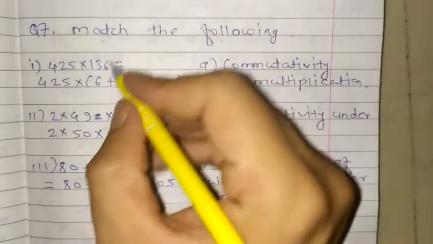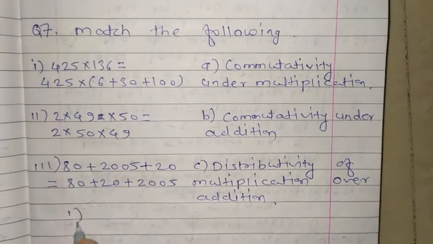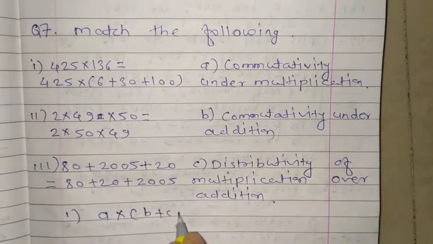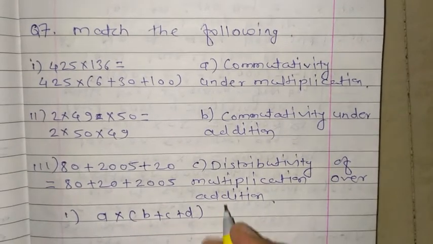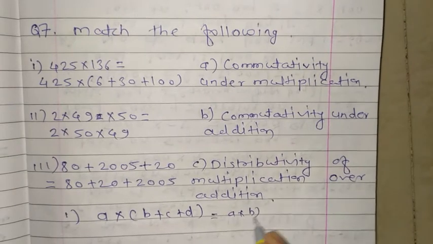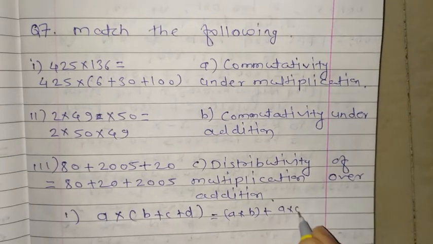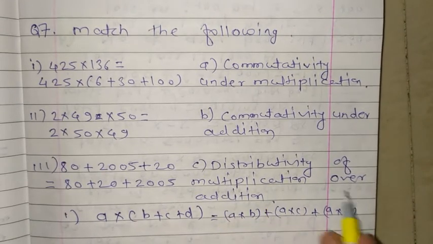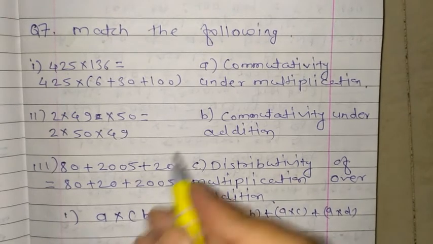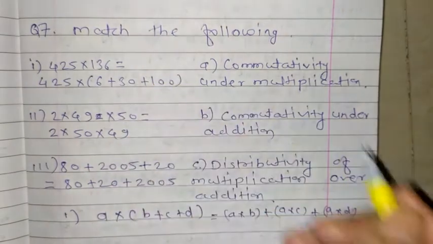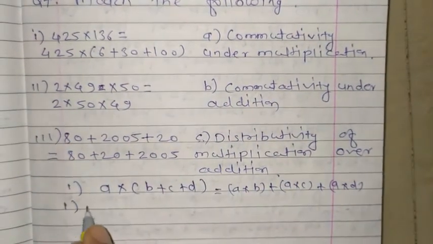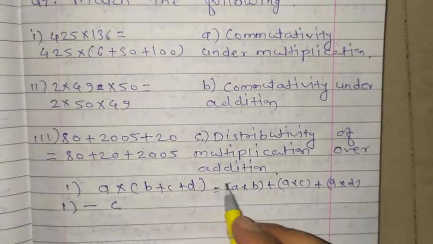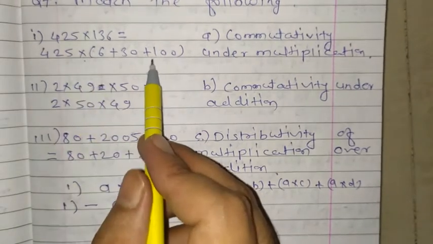So you see this one, it is matching with A into B plus C plus D. Then it can be written like A into B plus A into C plus A into D. So it is just like the distributive property that we learned. So the answer of the first is C, because it is the distributive property of multiplication over addition, because here multiplication is there over addition.